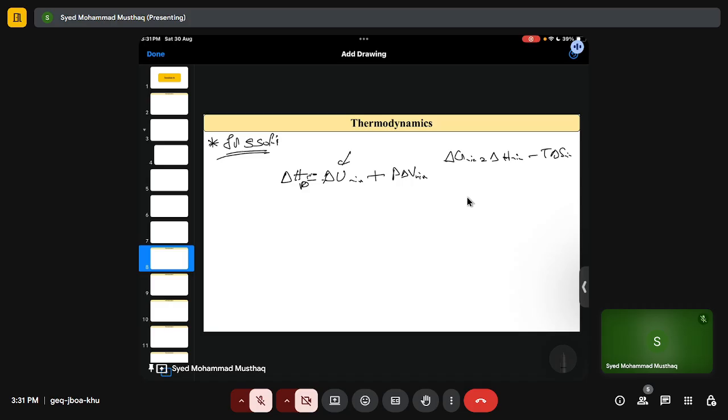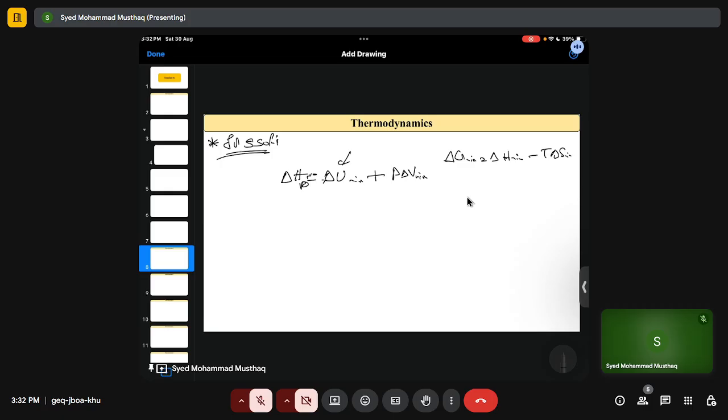For example, annealing, normalizing, quenching, anything we do at constant pressure. We are not changing pressure. That's why the pressure is taken as 1 atmosphere.